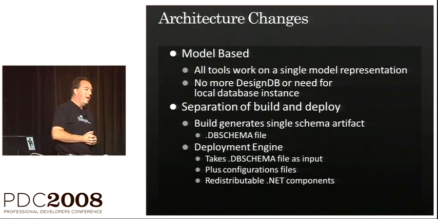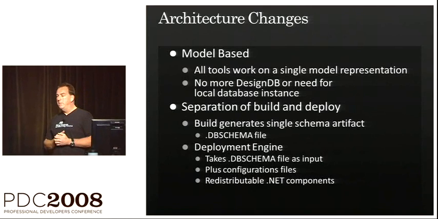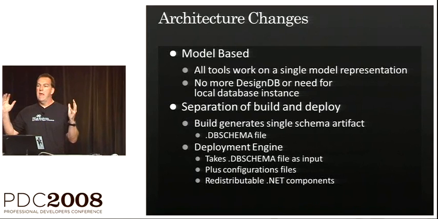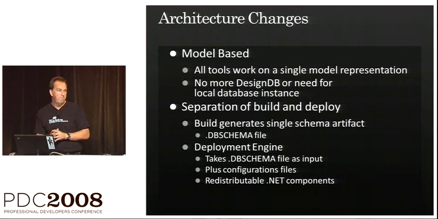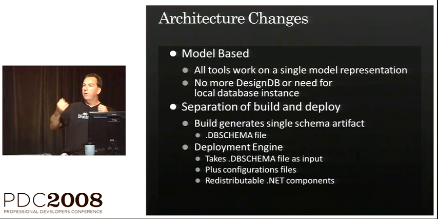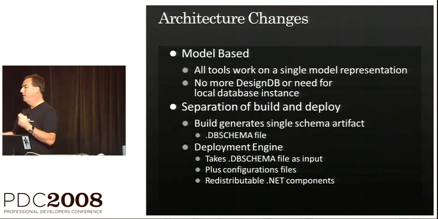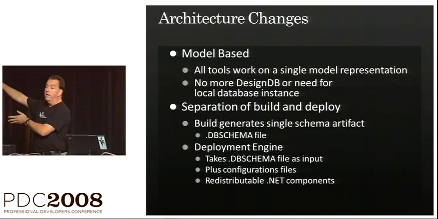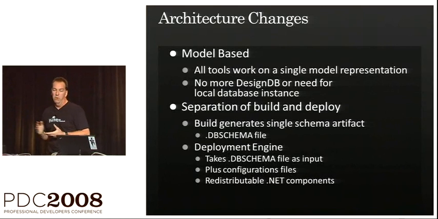So what we've done is we changed build so it generates an output format which we coined the DB schema file. The DB schema file is an XML file containing everything in your declarative model. It's the blueprint of your schema. Single file deployment. Of course, there is configuration information that comes with your schema, things that you want to make dependent on your environment, like your logins. My development logins, my QA logins, my production logins are all different.